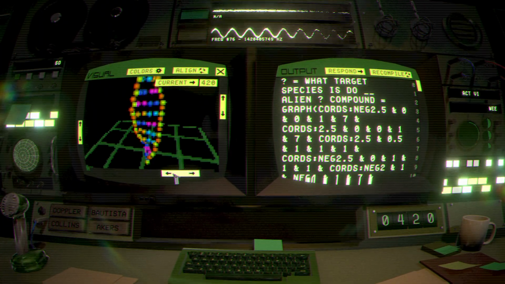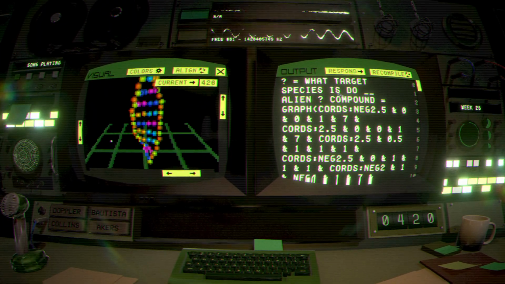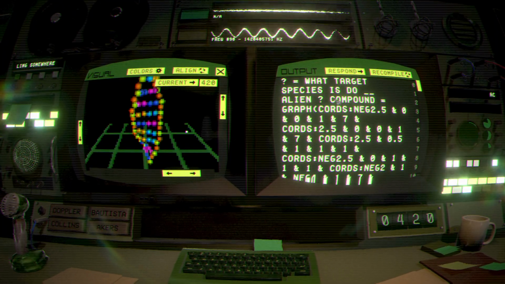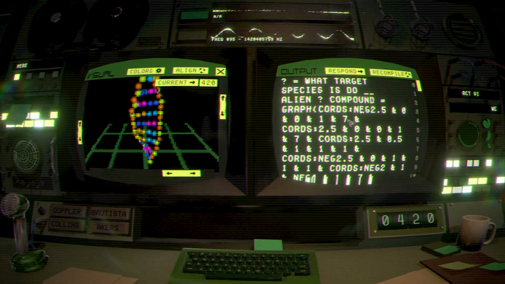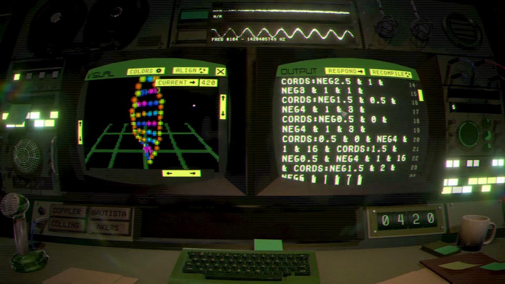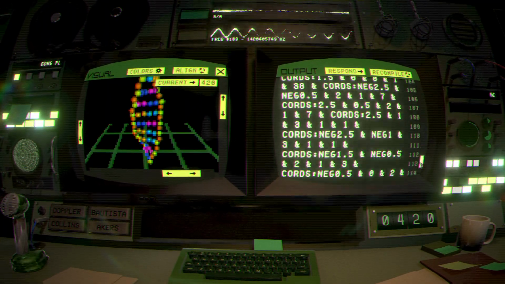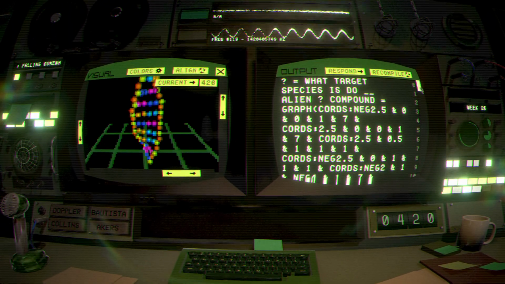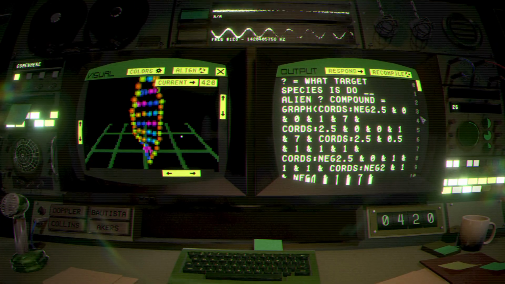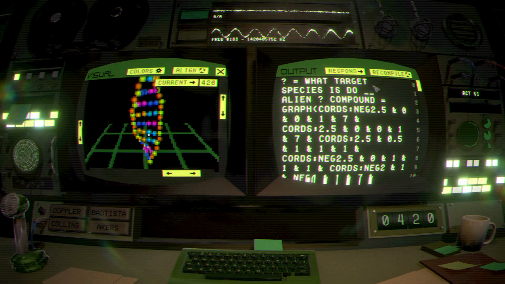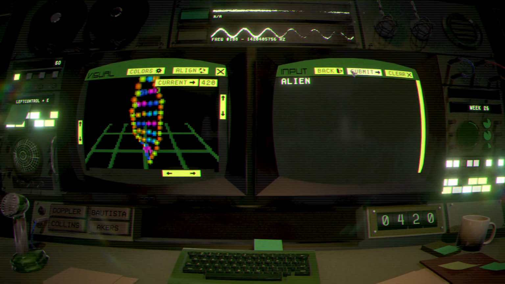Eat. DNA. Something. What target species is the alien DNA compound? This. Something. What the alien?